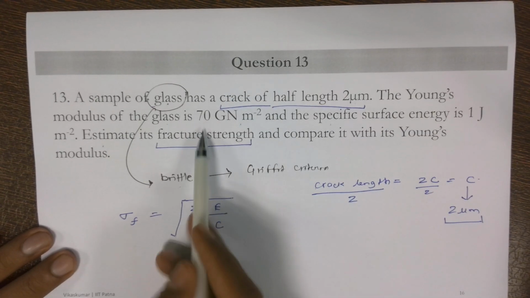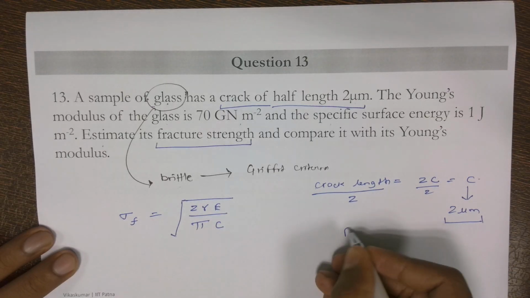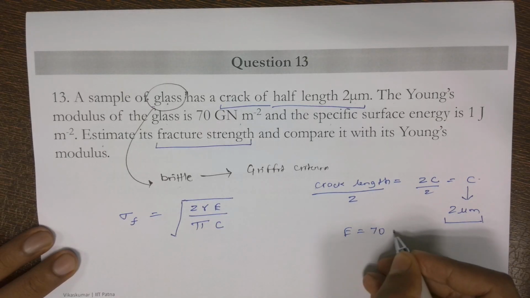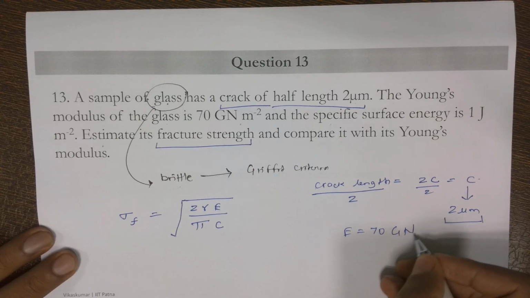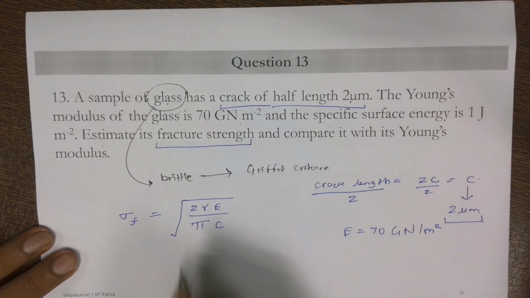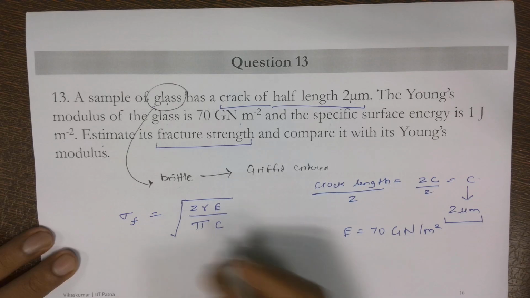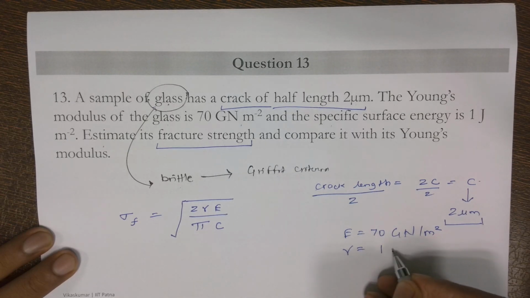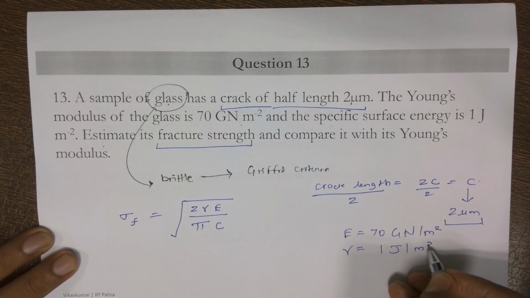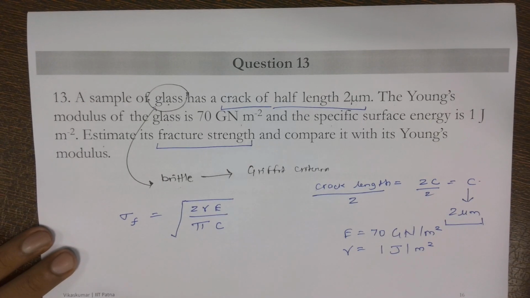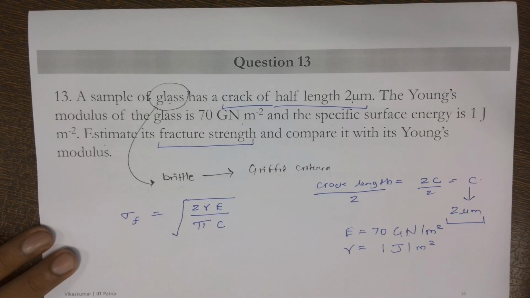The Young modulus of the glass is given to us, that is E. E is equal to 70 giganewton per meter square. And the specific surface energy, that is gamma, is given to us, it's 1 joule per meter square. These are the things that are given to us.